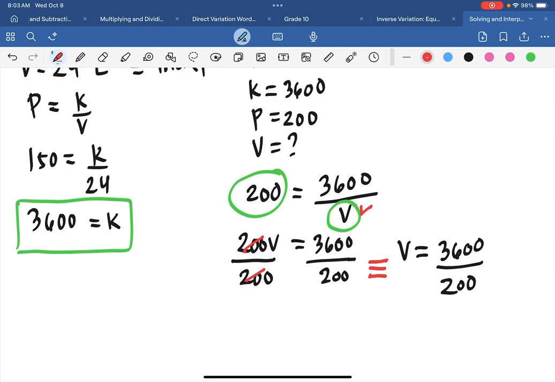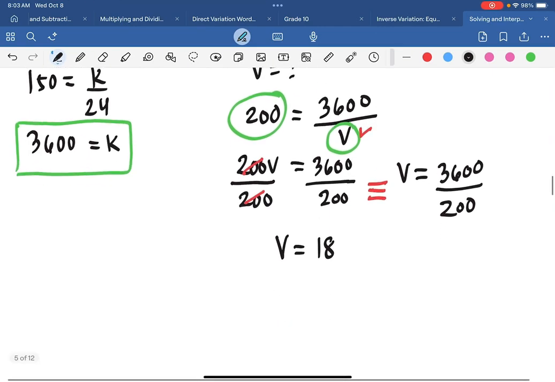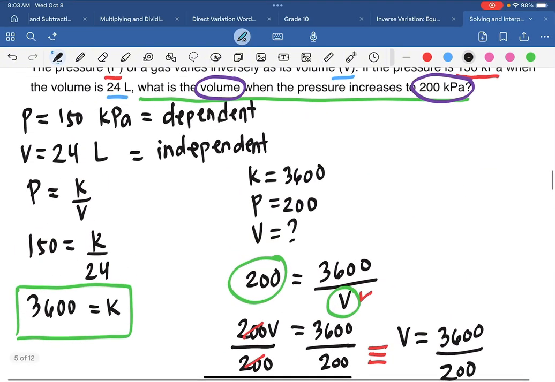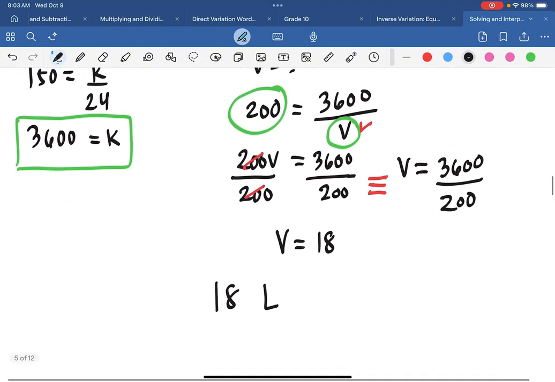So V, 3,600 divided by 200 is 18. So the volume is 18. So it would take 18 liters to have the pressure of 200 kilopascal.